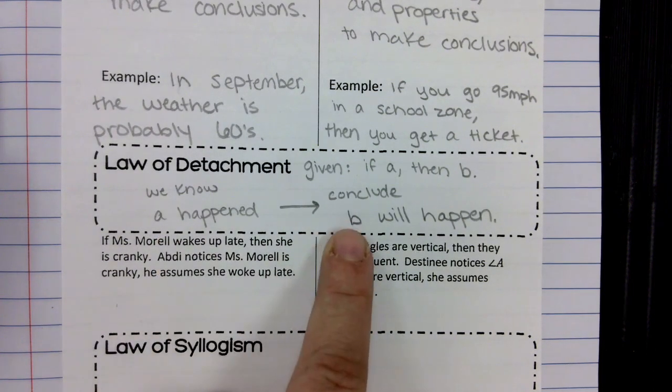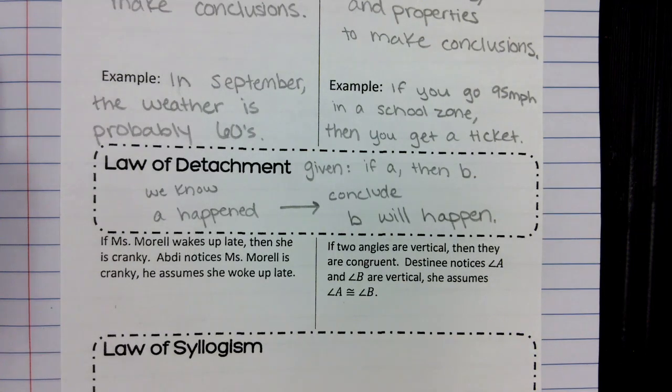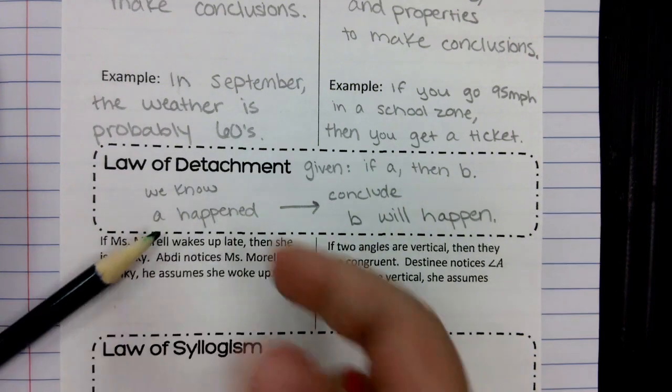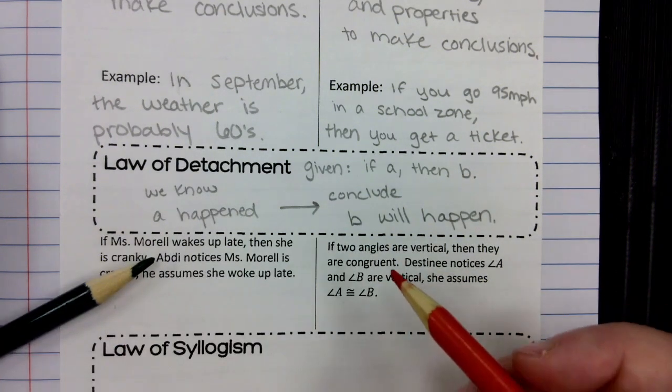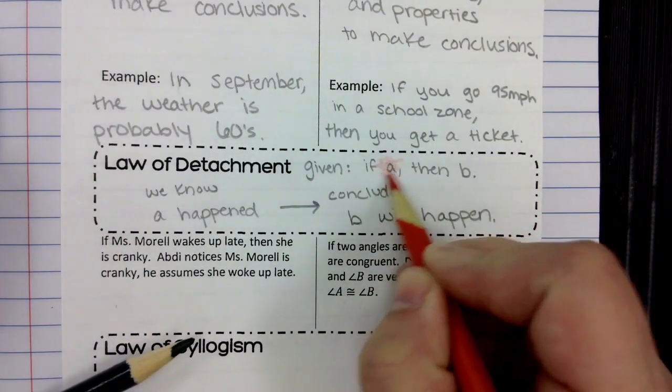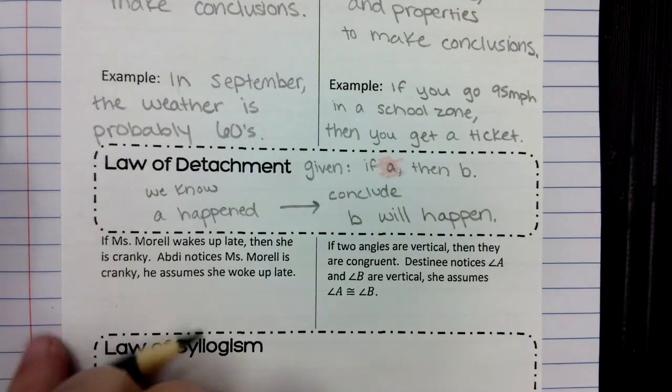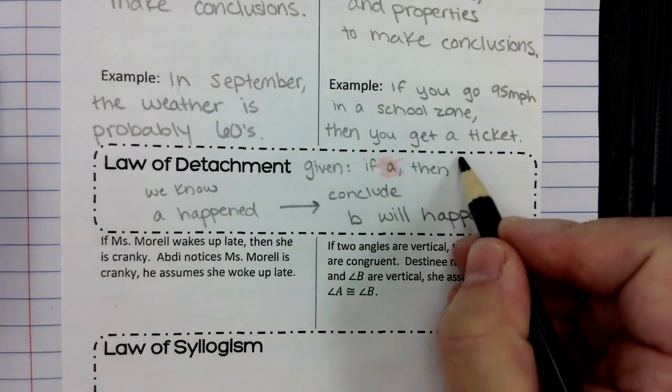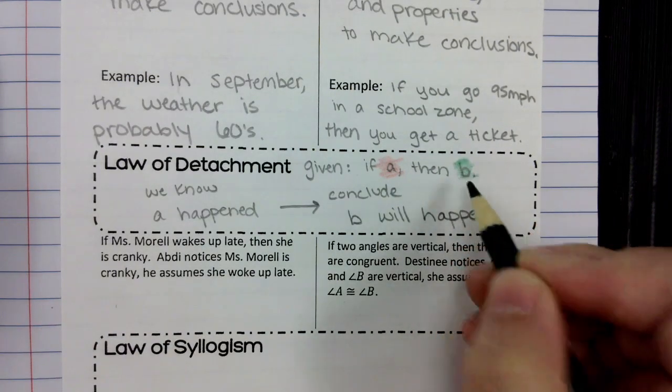B. So if I know my hypothesis A happened, then I can conclude B. So this is kind of like a first this, then this, chronological order.